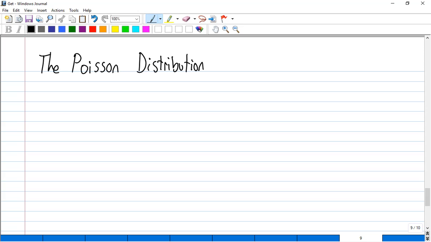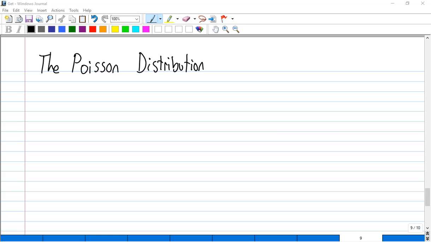So what is a Poisson distribution? Well, just like with the binomial distribution, we have certain properties or conditions that your distribution must follow. Okay?